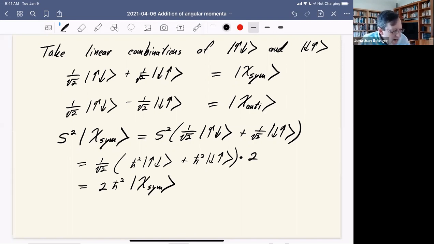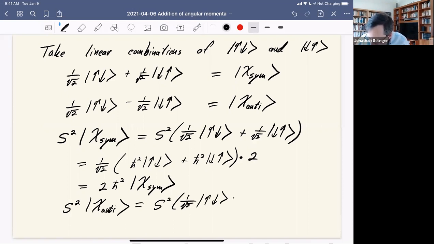What about S squared acting on the anti-symmetric state? That is S squared acting on 1 over root 2 up down minus 1 over root 2 down up.